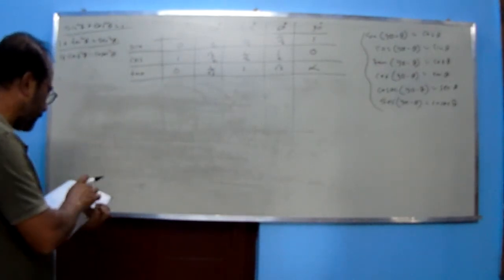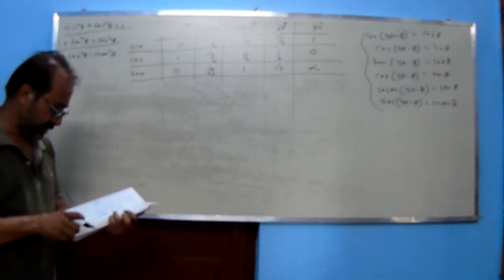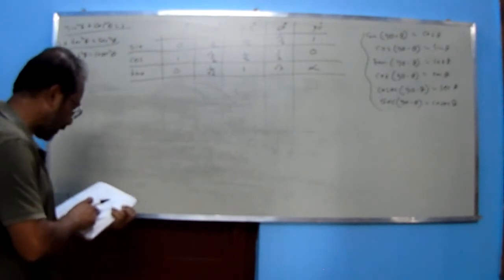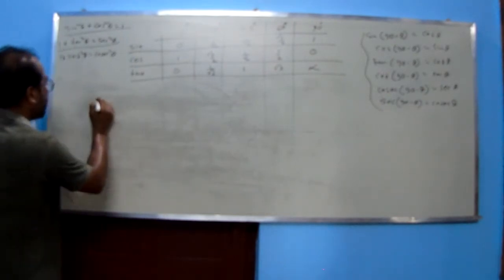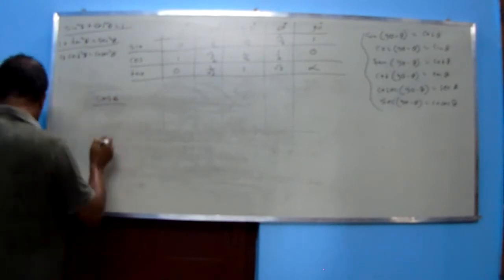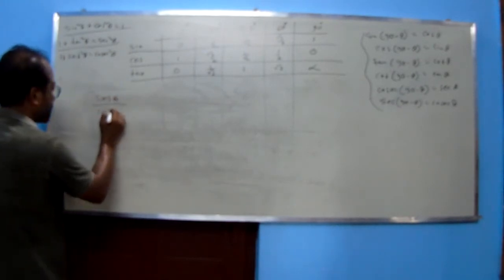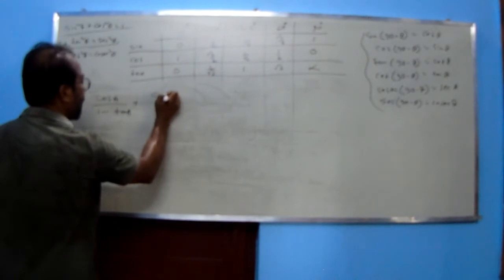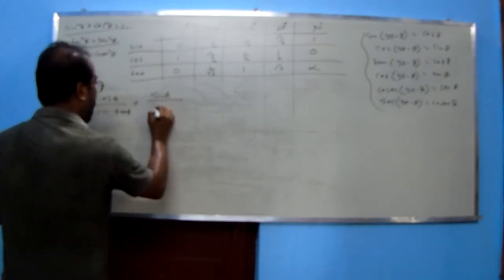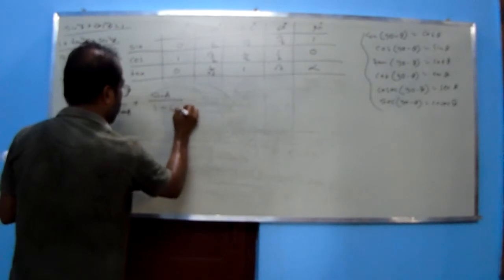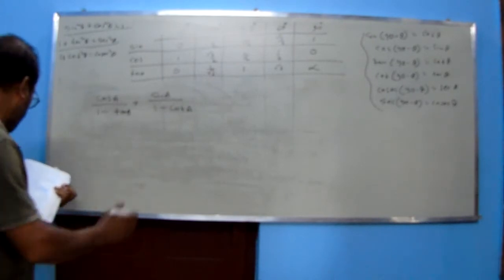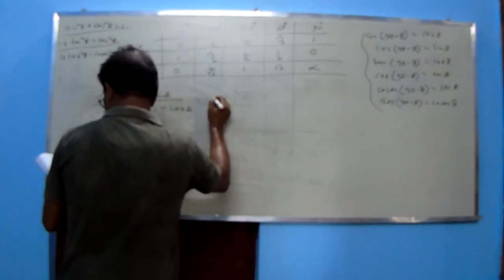This math also came in the board exams in 2003 and 2013. Then again, one math came in the 2015 board exam: cos a divided by 1 minus tan a plus sin a divided by 1 minus cot a, to be proved as cos a plus sin a.